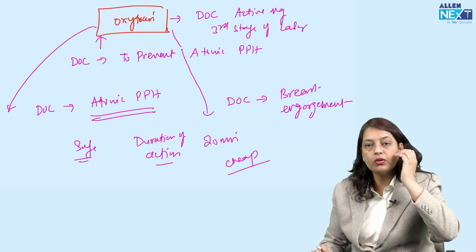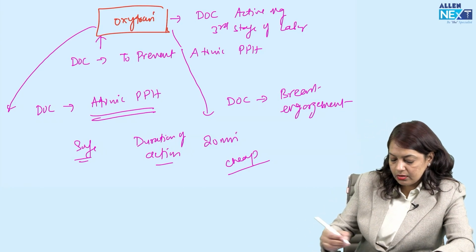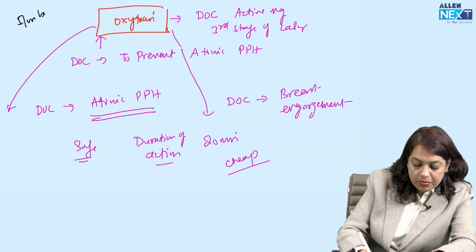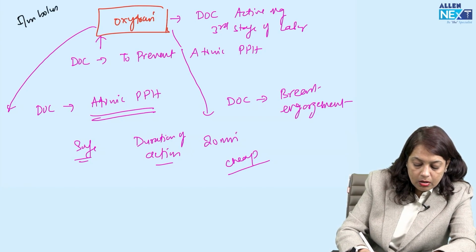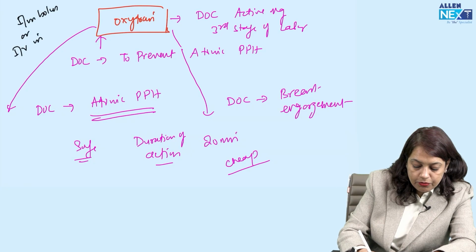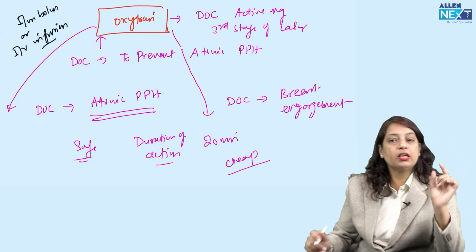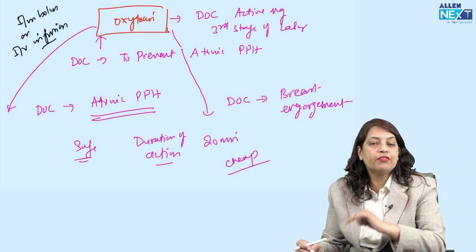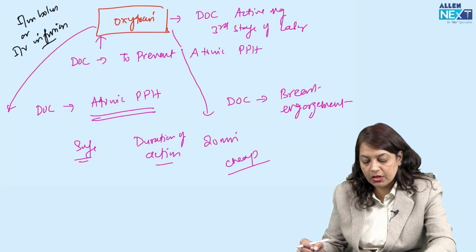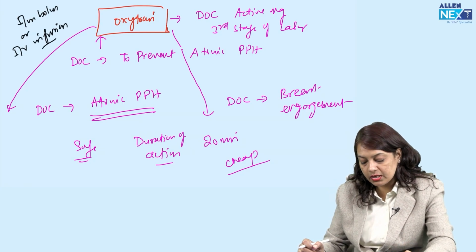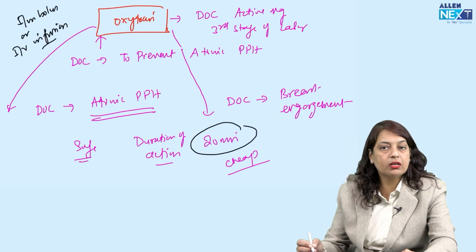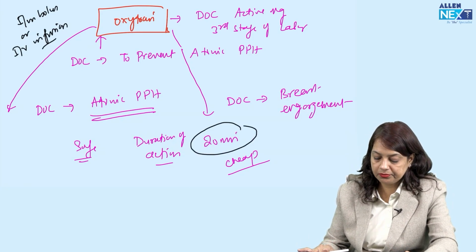Okay, so you can use oxytocin by intramuscular bolus or by IV infusion. Should never give oxytocin directly IV because it can cause rupture of the uterus. So oxytocin is a very, very important drug in obstetrics.